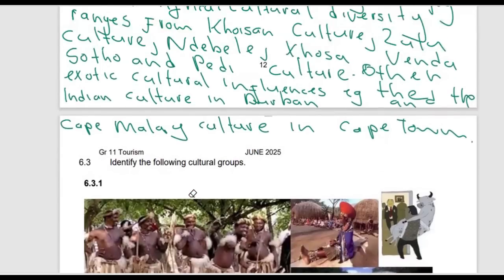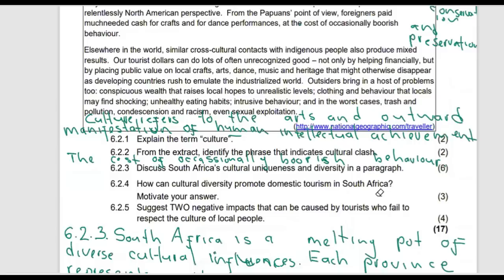There is also a question which says, discuss how cultural uniqueness and diversity can be handled. How can cultural diversity promote tourism in South Africa?